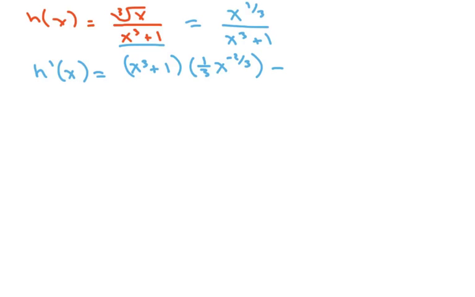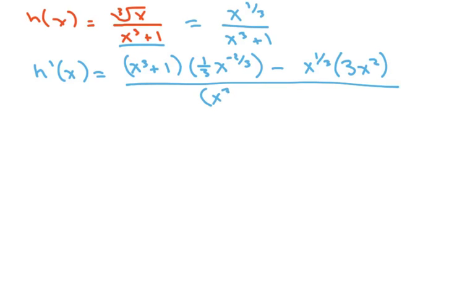Subtract your numerator times the derivative of the denominator, all over the denominator squared.